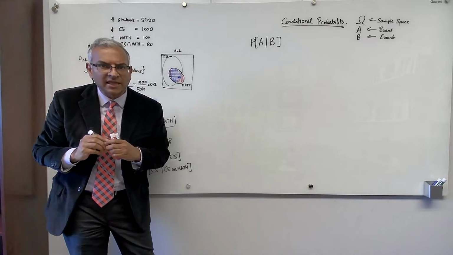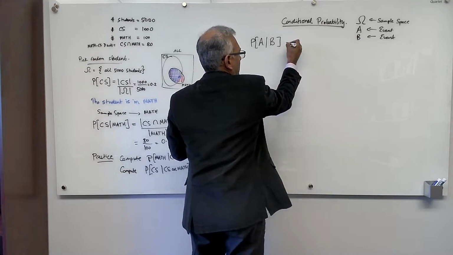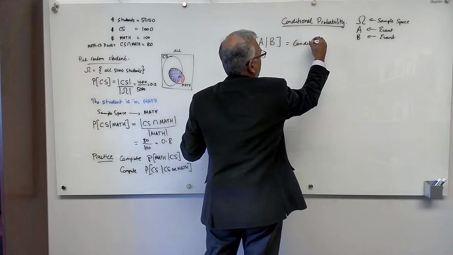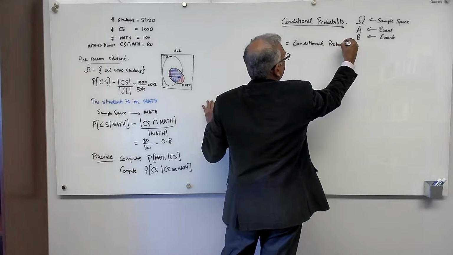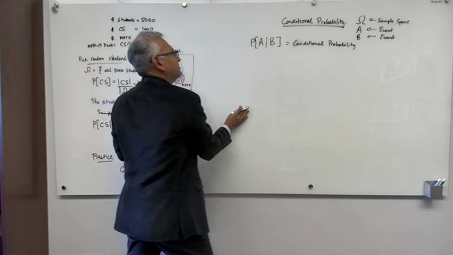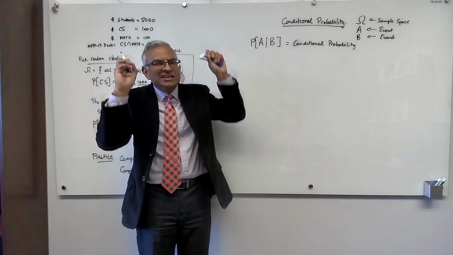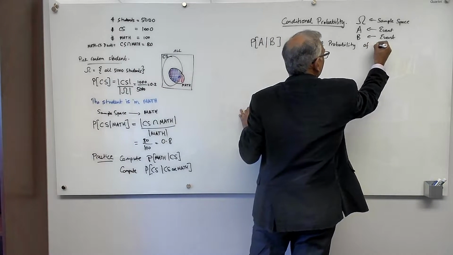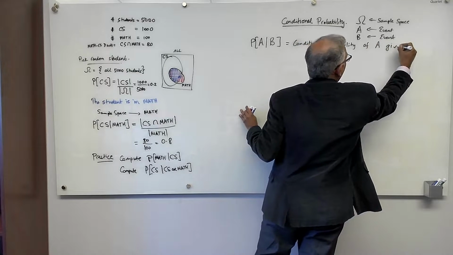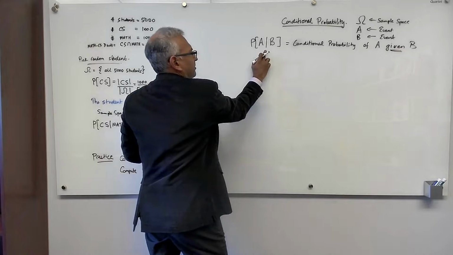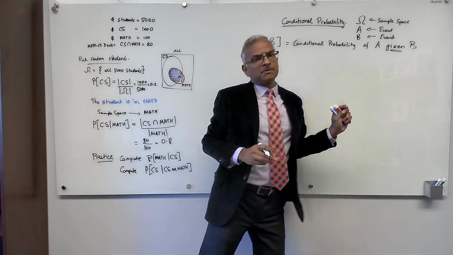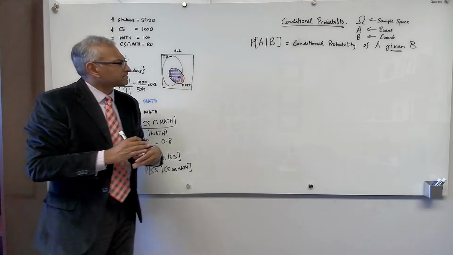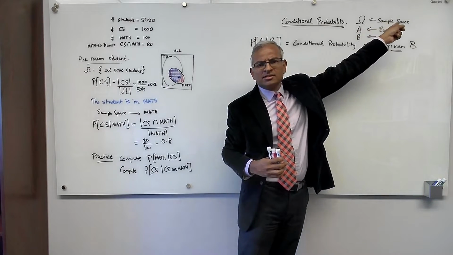This is read, the conditional probability of A given B. Conditional says that I'm conditioning on the information that the event B has occurred. This vertical bar is what indicates the given B. So probability of A given B. Let's try to work this out. Now, you're doing an experiment, and there's the whole sample space of possible outcomes.